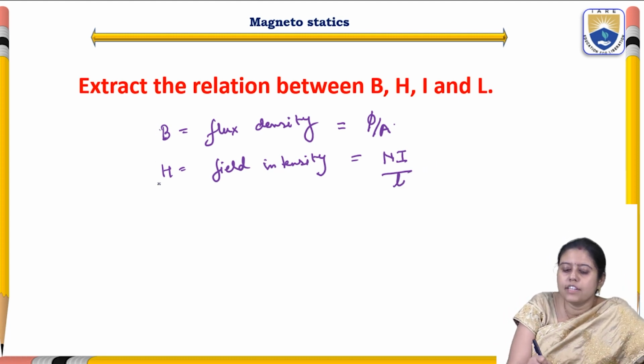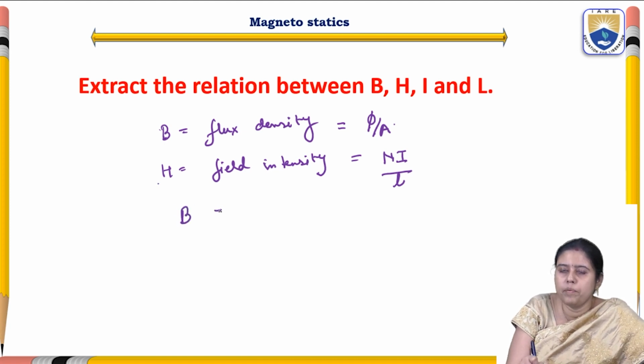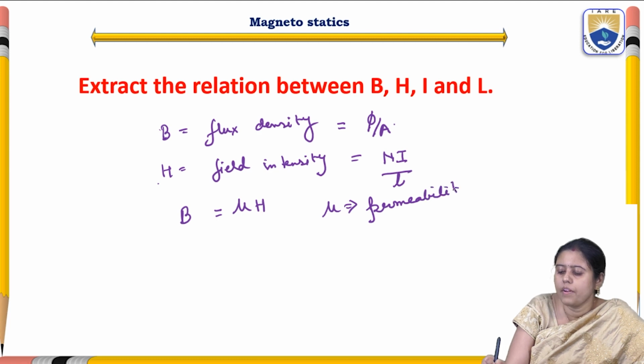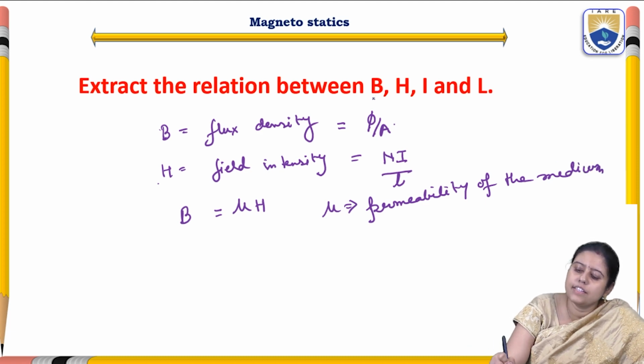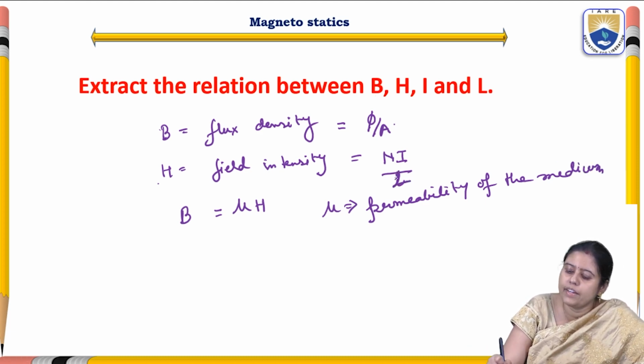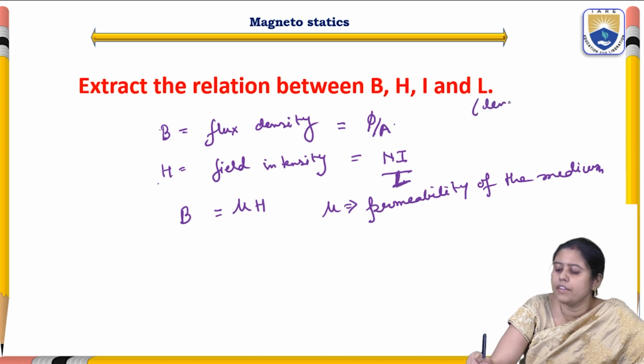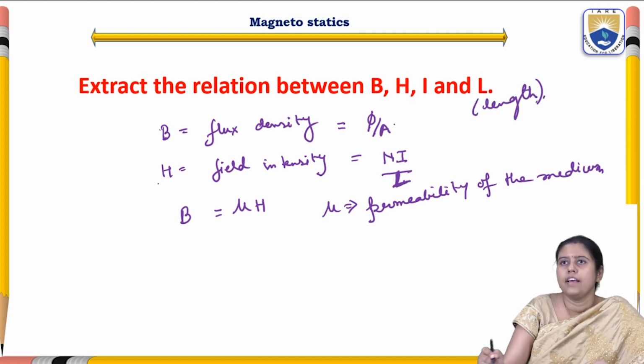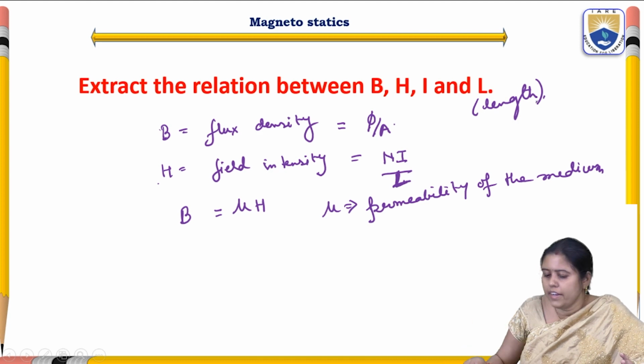So what is the relation between B and H? The B and H relation is B is equal to mu into H, where mu is the permeability of the medium. Here L is the length, not the inductance.